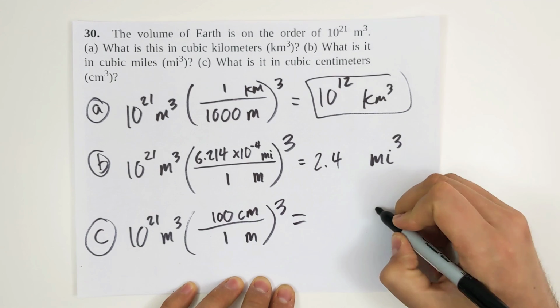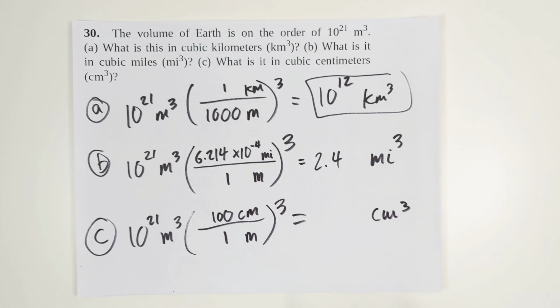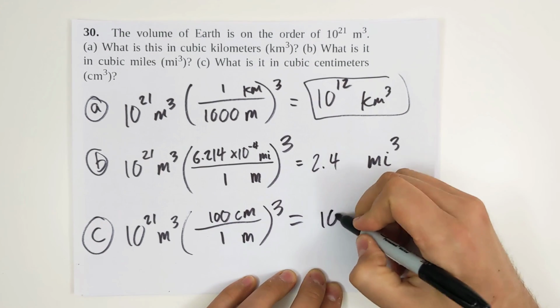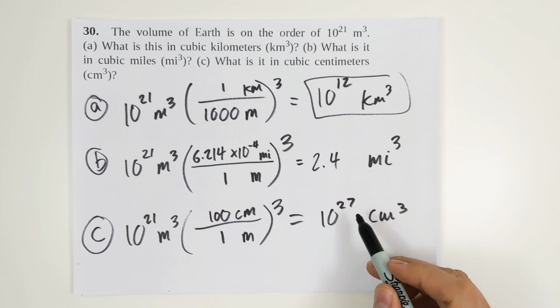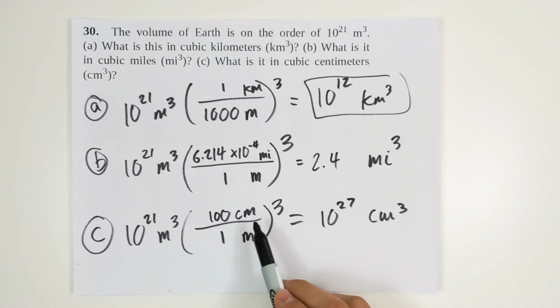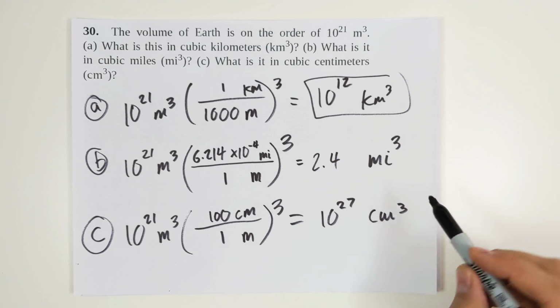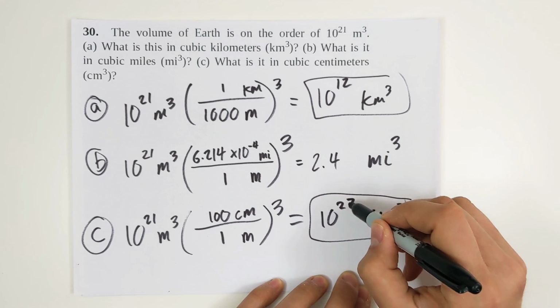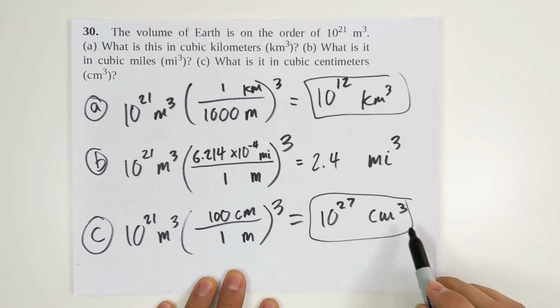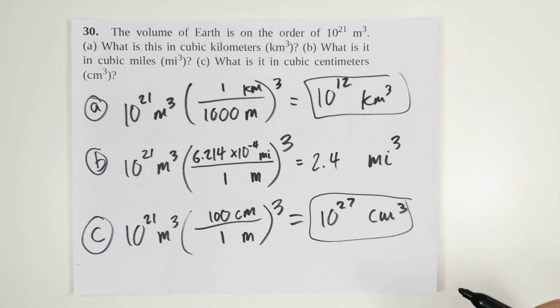Cube it, and boom. Centimeters cubed. You can put this one in your calculator. It's 10 to the 27th. And you'll notice that if you like subtracting or adding exponents, you can totally do that here. No problem. Just notice that this one is bigger. 27 is bigger because it's a smaller unit, so there should be a lot more of them. All right, box your answers.